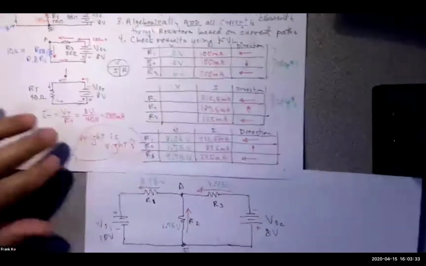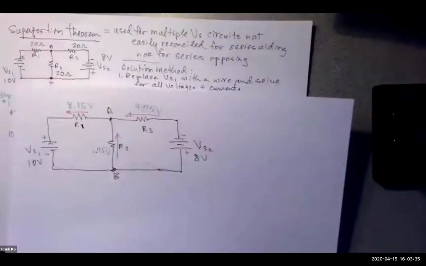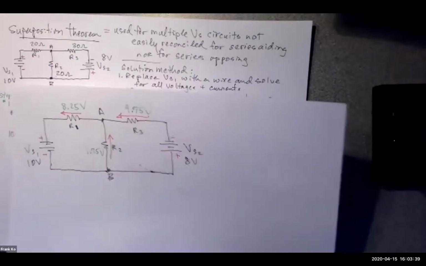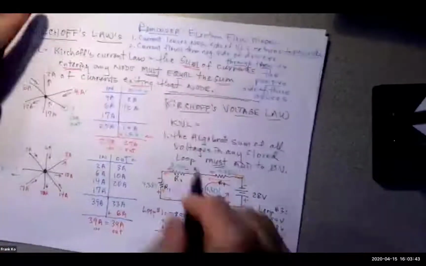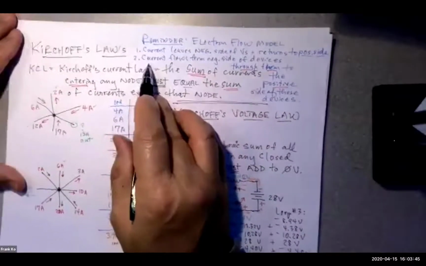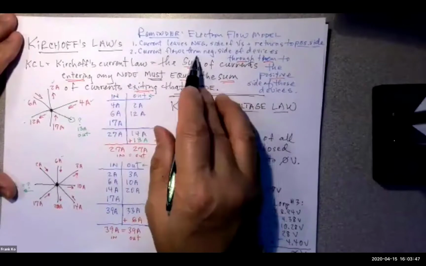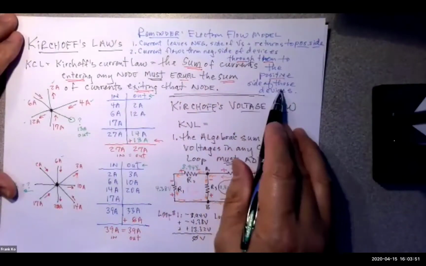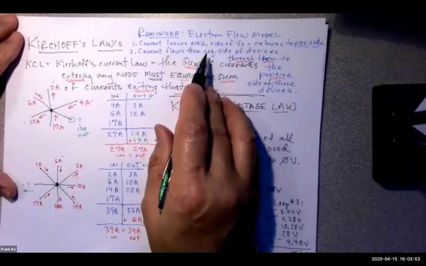All right. So we're half a heartbeat away from proving all of this. Now, what did we say about electron current flow? We said electron current must flow from what side of a device through them to what side of the device. Electron current must flow from the negative side through them to the positive side.